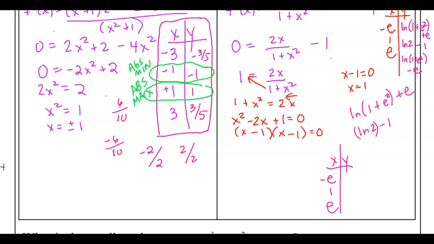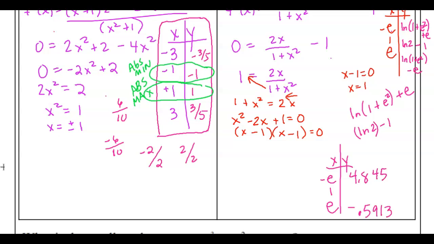So natural log of 1 plus e squared plus e. So 4.845. If I do the same thing, but we want minus e, get negative 0.5913.